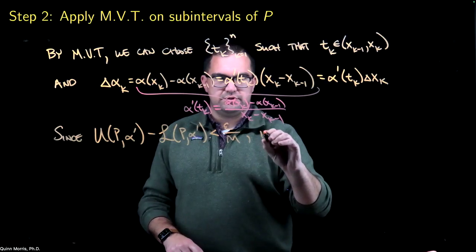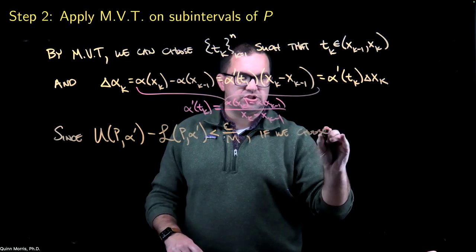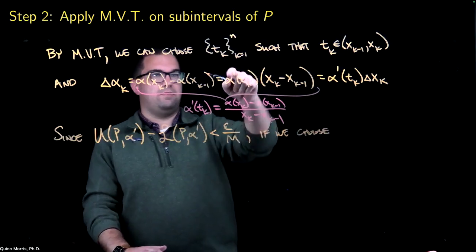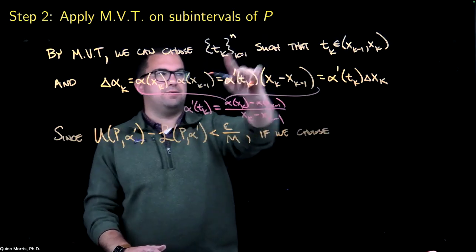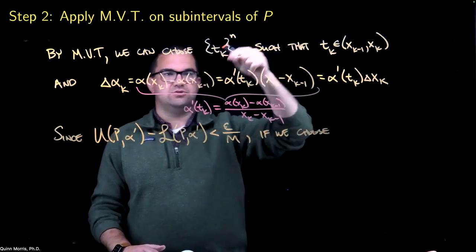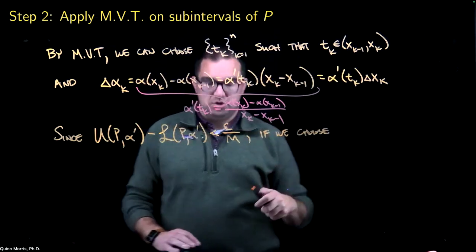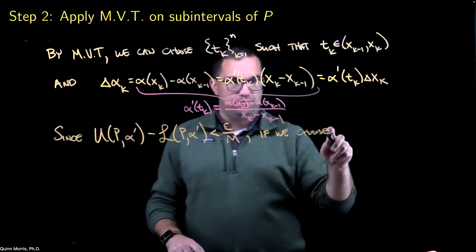Then if we choose some other set of tag points, you can think of these t_k's as tags of the partition, because there's a t_k in between each of the points of my partition. So I'm going to choose another set of tag points.